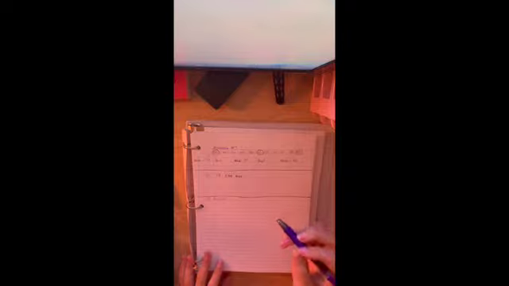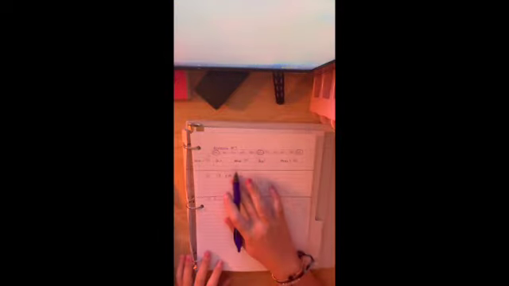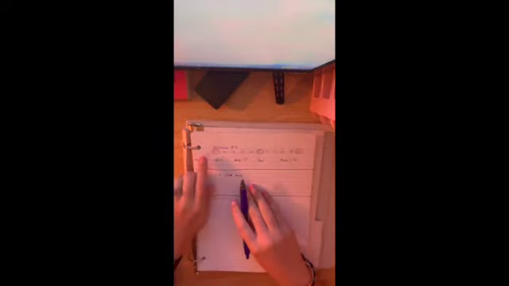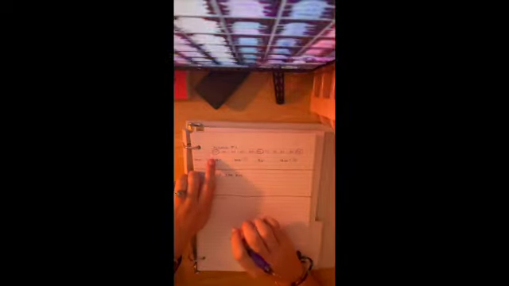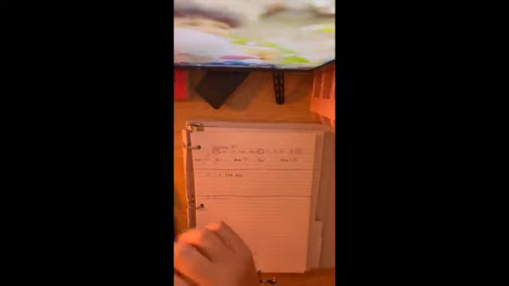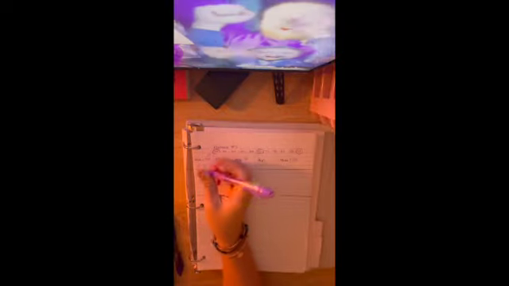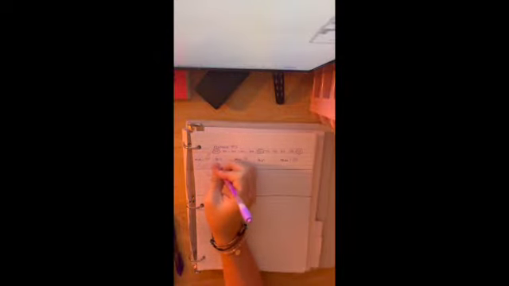And then to find Q1 and Q3, for Q1 we're going to find the median of the lower half. So it'll be between 55 and 68. So let's write those down: 55, 60, 62, 65, and 68.